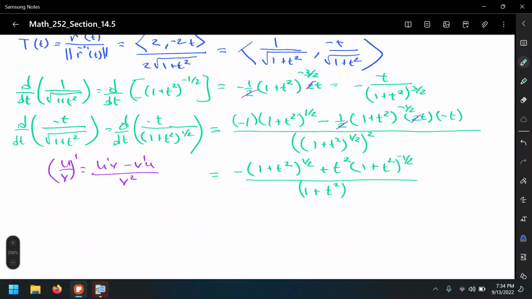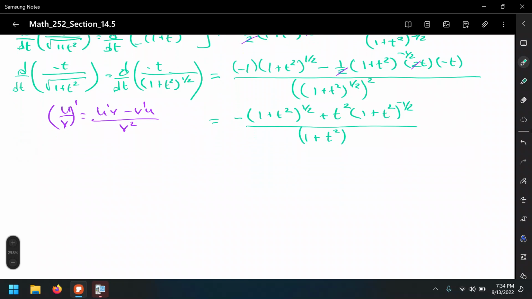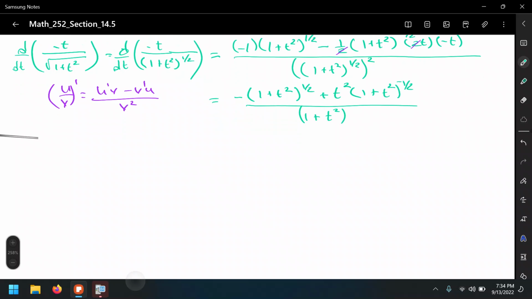So let's simplify this derivative. Number 1, we have rational exponents. How about let's change this into radicals? So this will be negative square root of 1 plus t squared plus t squared.